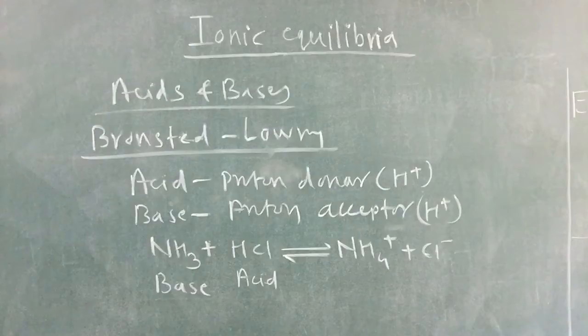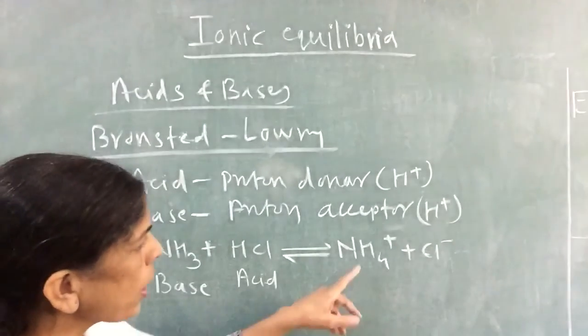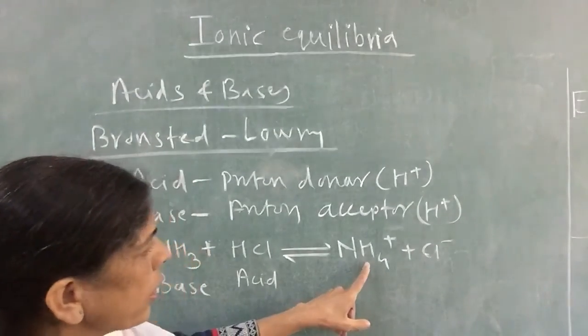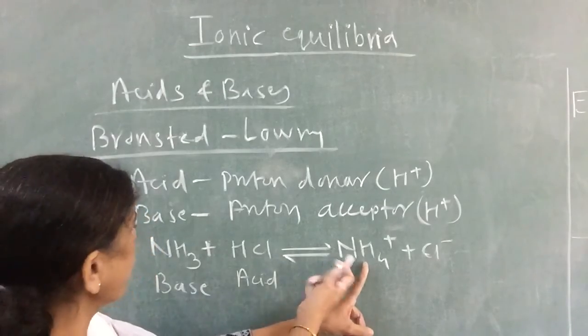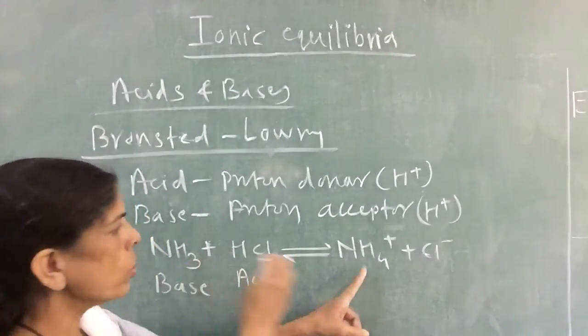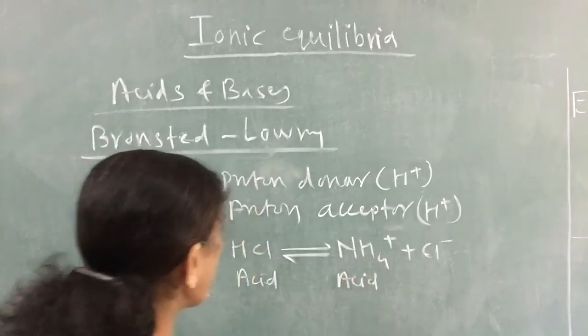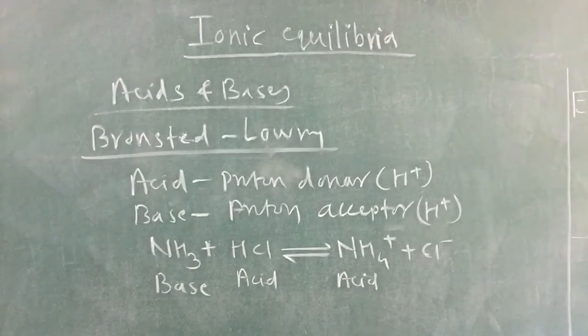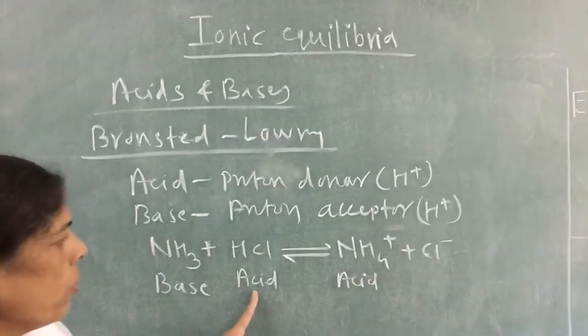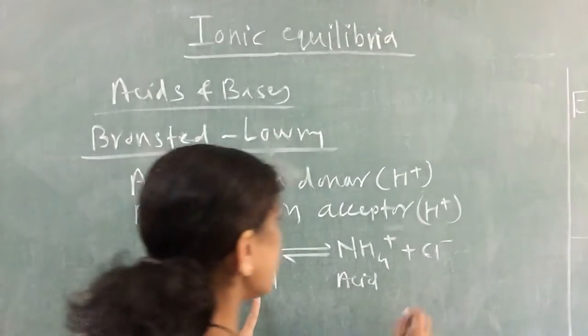In the reverse reaction, NH4 plus has given proton and is converted into NH3, so it is acid. And Cl minus has accepted proton and converted into HCl, that is base.